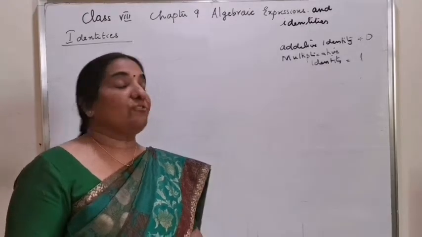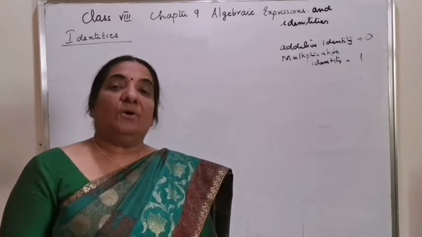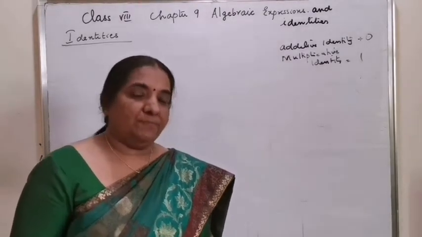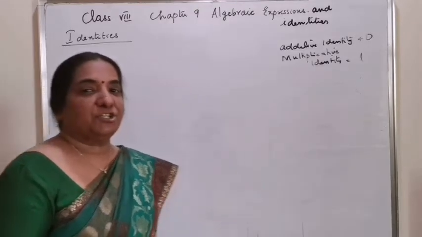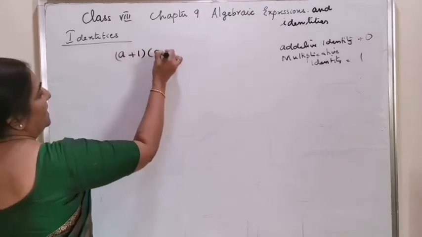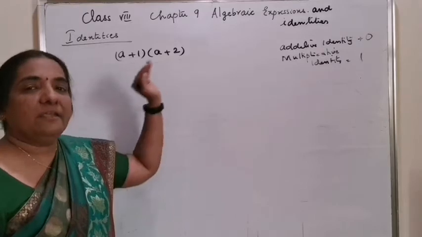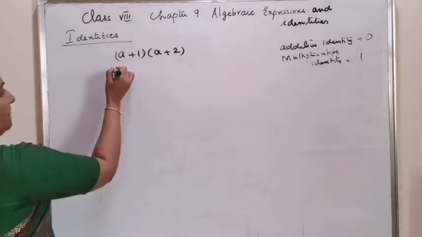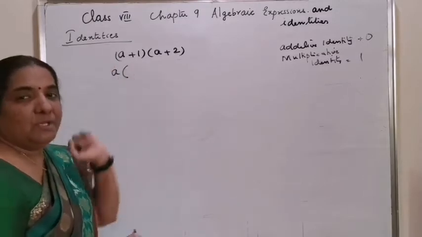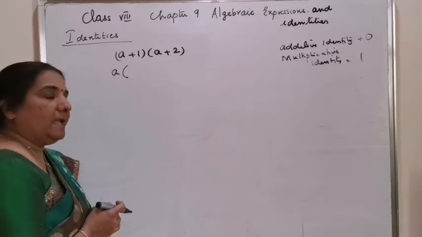What is the meaning of identities in the lesson algebraic expressions, or what is its application in algebra? Let's take the expansion of a plus 1 into a plus 2, as you were doing a binomial into a binomial. Let us get the product of a plus 1 into a plus 2.